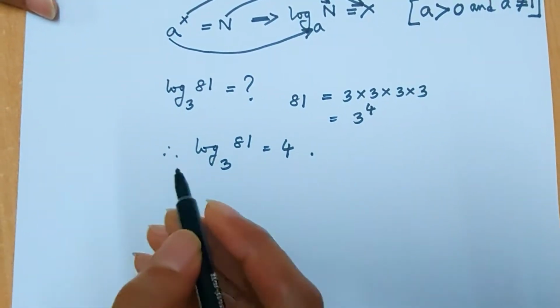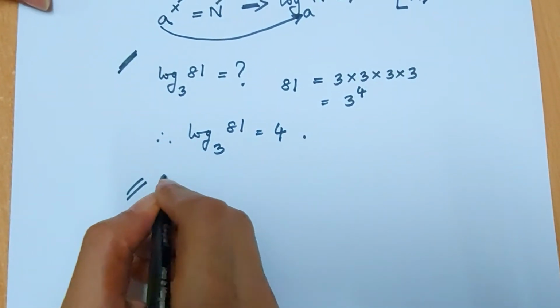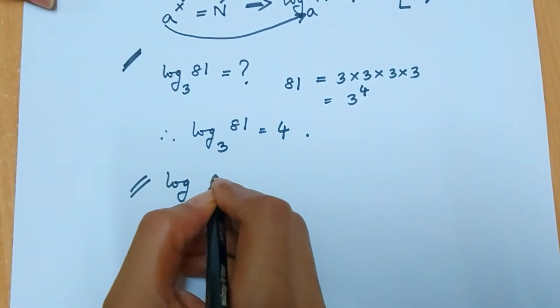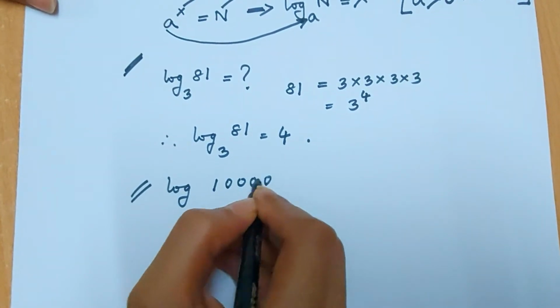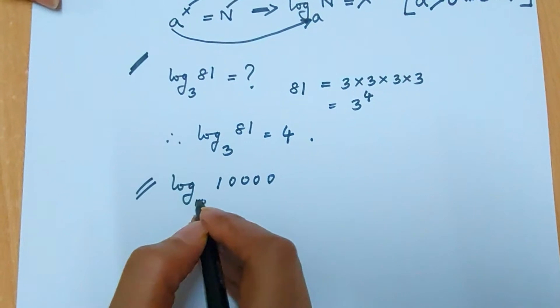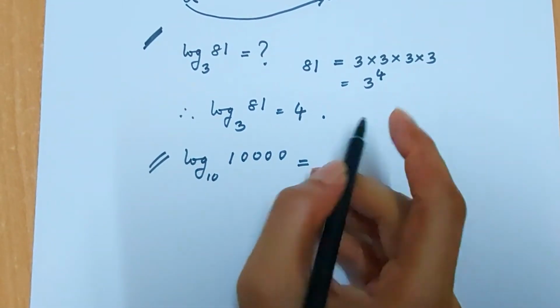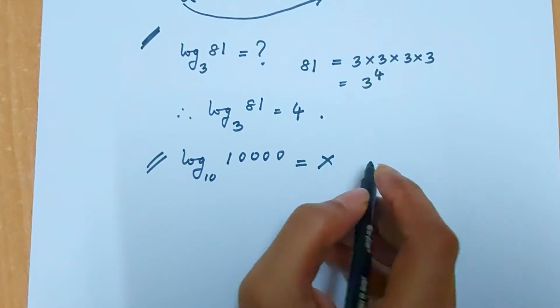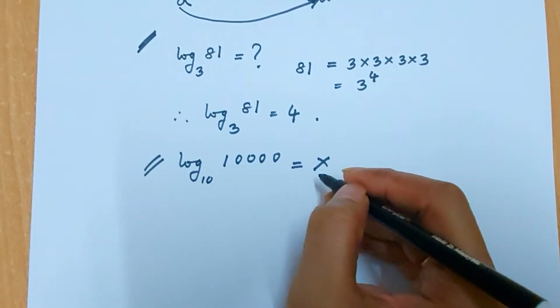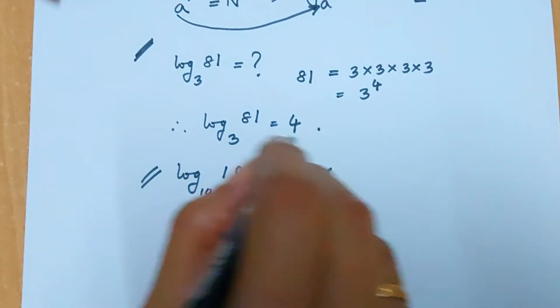Here is another one for you. Log of 10,000, I am taking a big number here, 10,000 to the base 10. Say log of 10,000 to the base 10 equal to x. Now we should find the value of x.